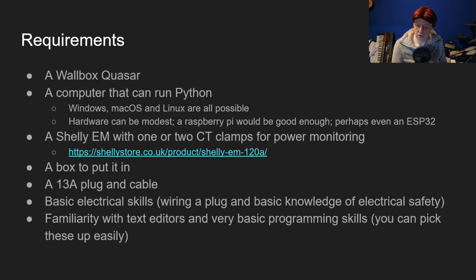You also need a Shelly EM, and that will have one or two current transformer clamps to do the power monitoring. So this is the device that detects whether there's energy coming into or going out of your house into the national grid.